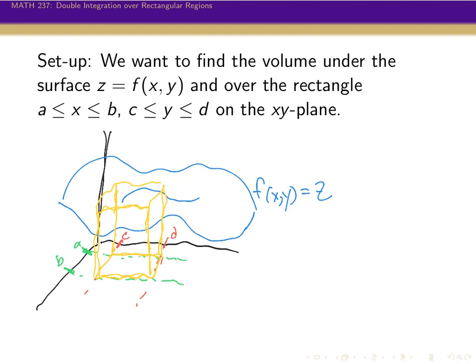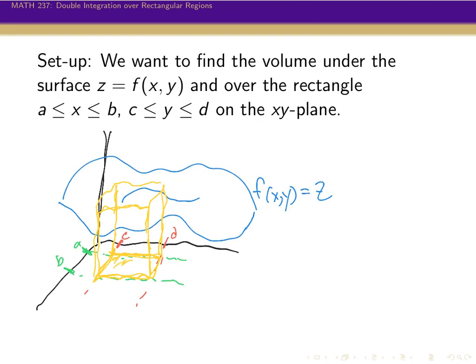If you think back about starting off integration in Calc 1, a lot of what you do at the beginning is focus in on the interval that the x values are going through and breaking that up.